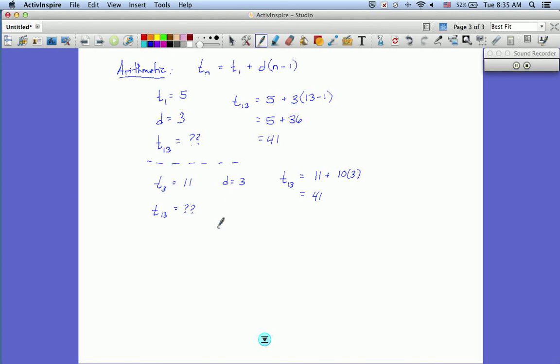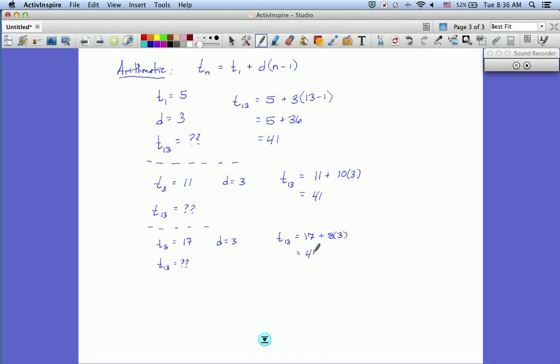If they gave us the fifth term, t sub 5 equals 17, still looking for that 13th term, and the difference is still 3, you can say the 13th term will be the fifth term plus 8 differences.